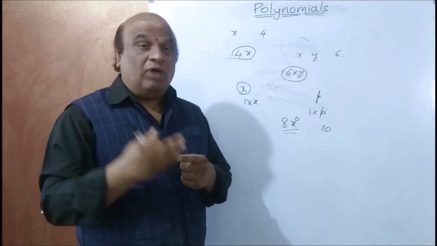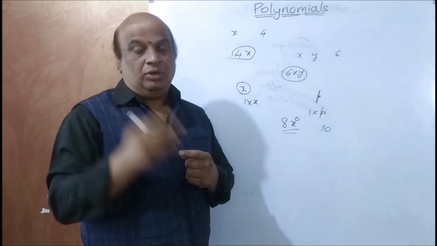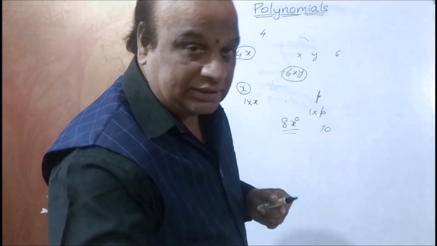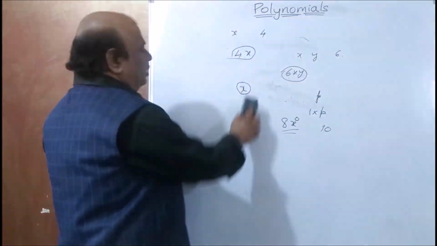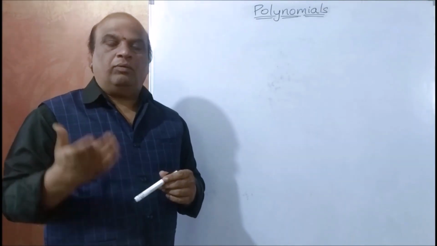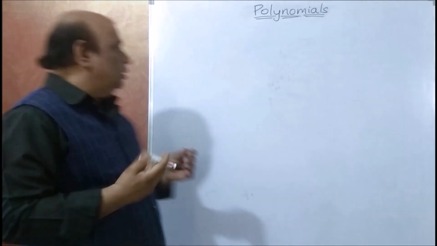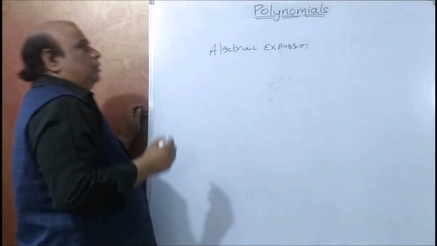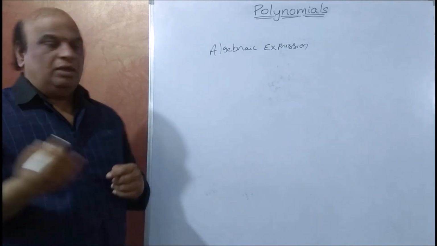Next, what about the algebraic expression? You remember these words: variable, constant, algebraic term, and now we are going to algebraic expression. How to define the algebraic expression?